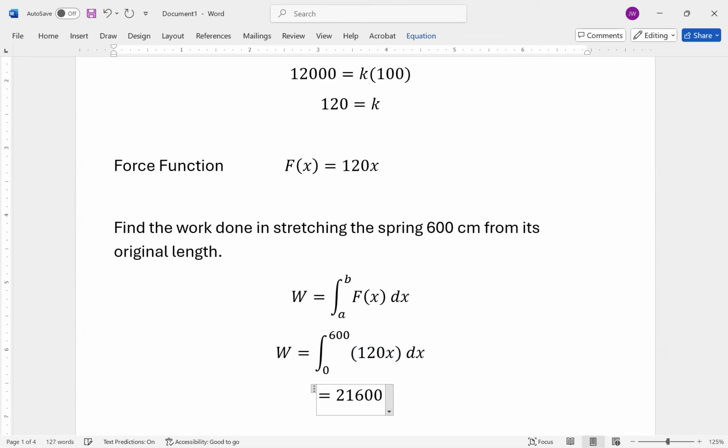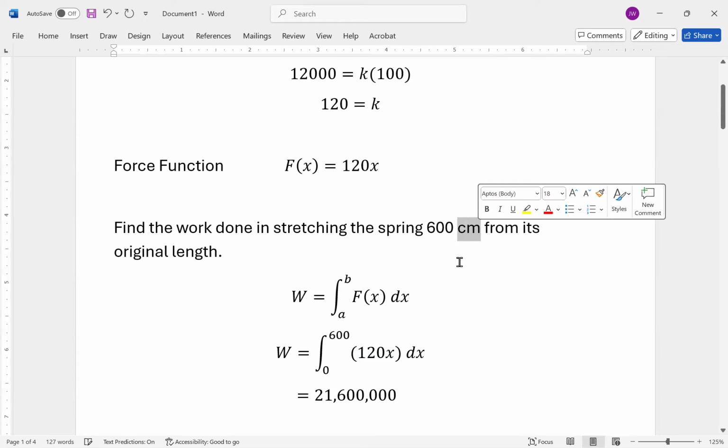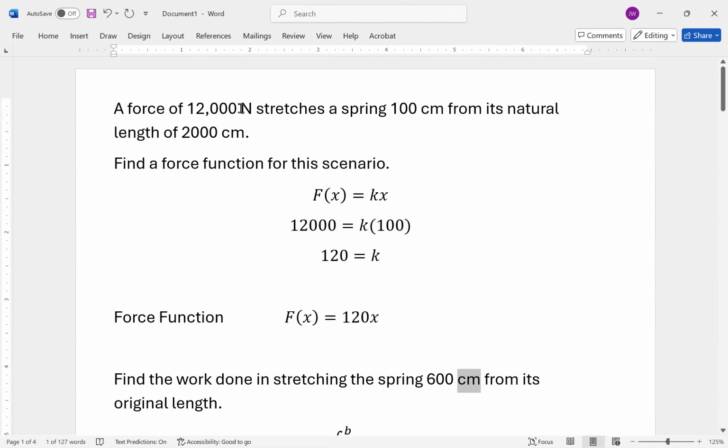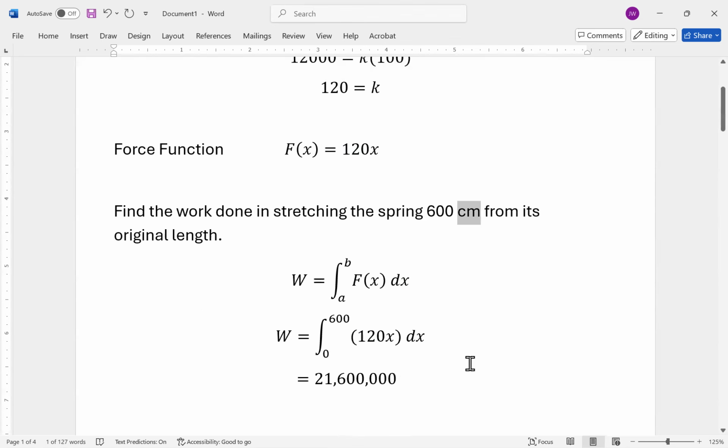21,600,000. This would not be Newton meters. This would not be joules because we're dealing with centimeters here. So we're dealing with newtons and centimeters, so it would be Newton centimeters as the label.